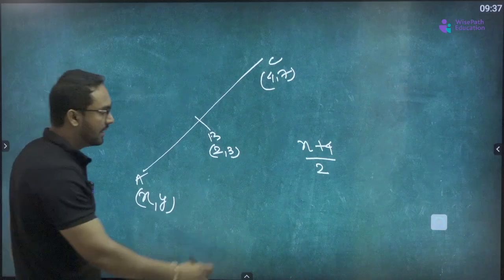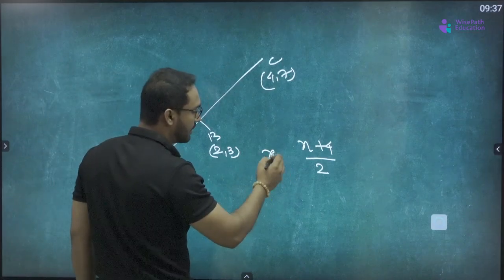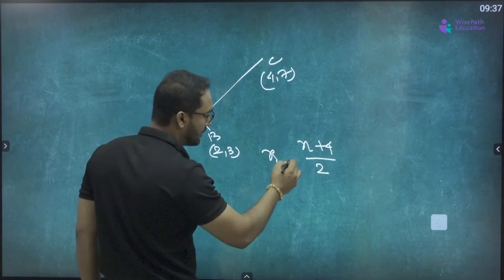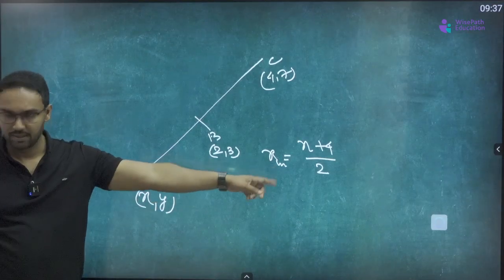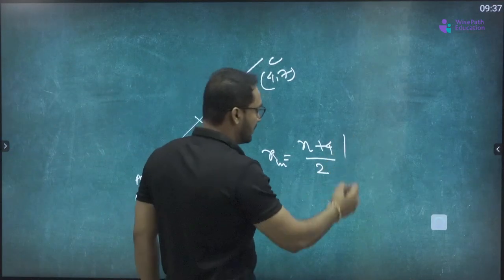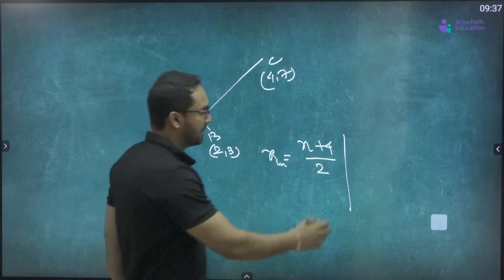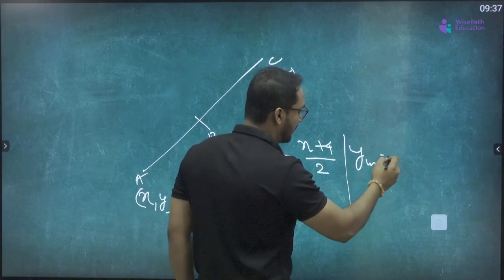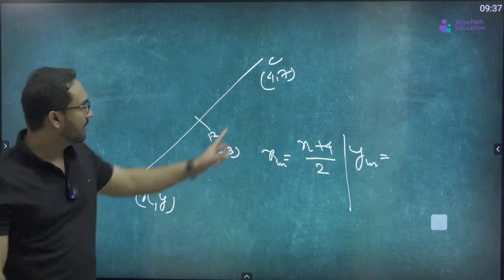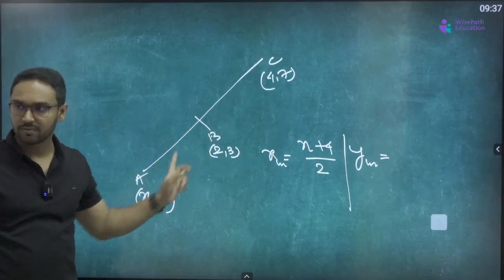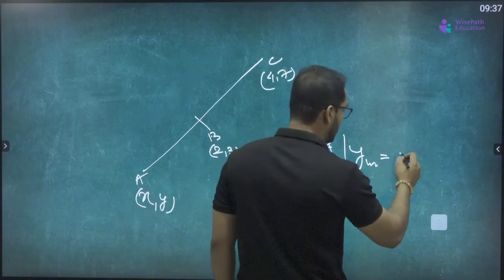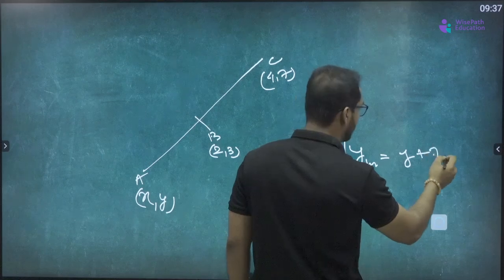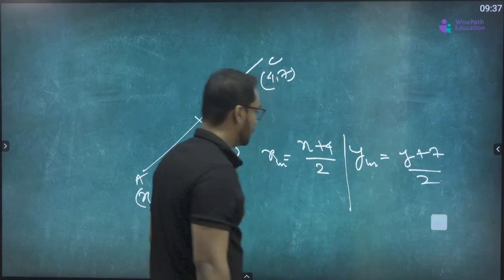So you get the x coordinate of the midpoint. For the y coordinate of the midpoint, I'll take it as ym, you add the y coordinates of the 2 ends and divide by 2. So it's y plus 7 divided by 2.